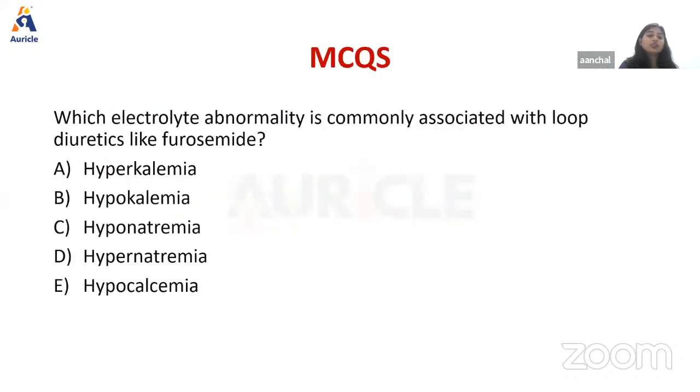Now we have some questions and you have 30 seconds to answer. Which electrolyte abnormality is commonly associated with loop diuretics like furosemide? You have 30 seconds to answer.